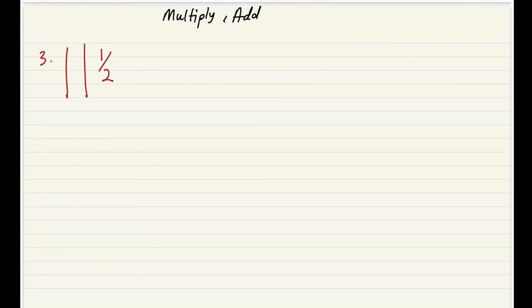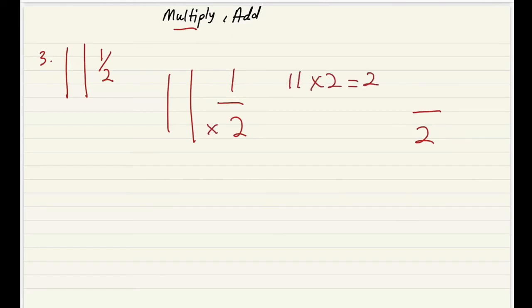We have 11 whole 1 over 2. Before I even start, I'm just going to put 2 here. And the first thing is rewrite the question. 11 whole 1 over 2. We'll multiply 11 times 2. Whatever answer you get is 22.